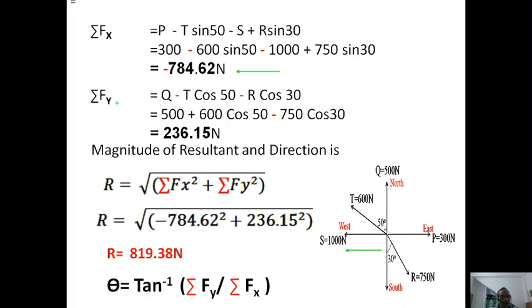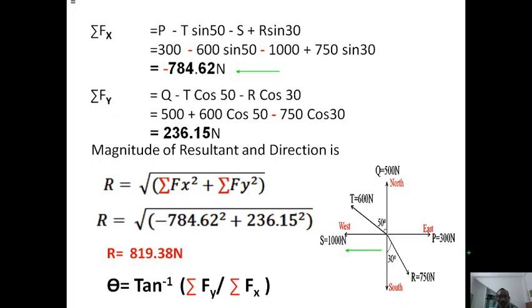And to obtain the resultant in the y direction, again we have to take the algebraic sum of all the forces in the y direction. Then sigma Fy is equal to, then look for all the forces.